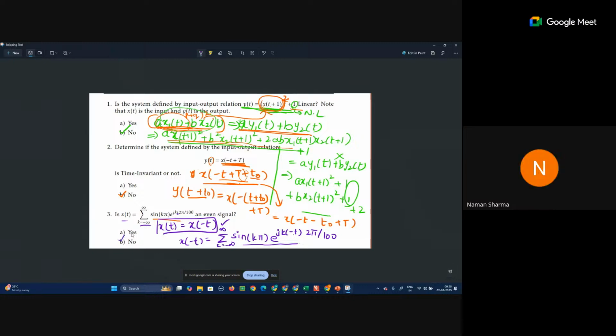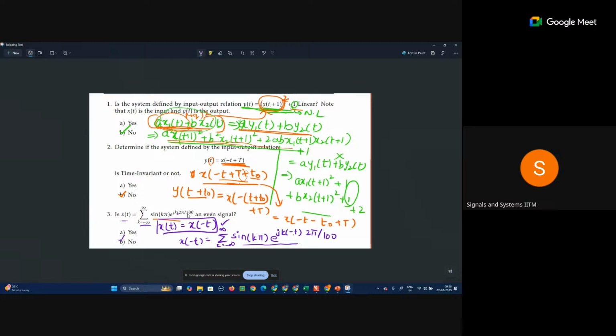Ma'am, we can check it: for every value of k, the sine k pi would be 0, right? Yes, ma'am, that is also the method I used. It will be 0 for any integral value of k, either sine pi or minus sine pi is 0.